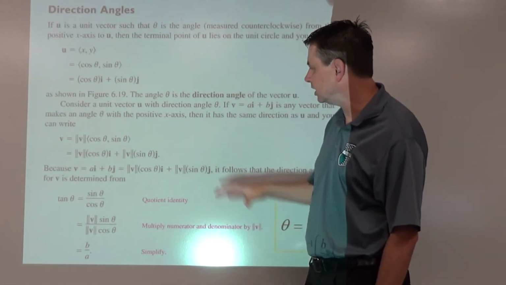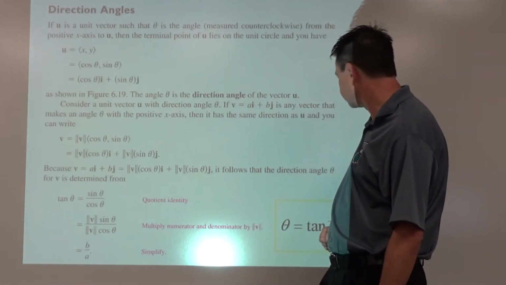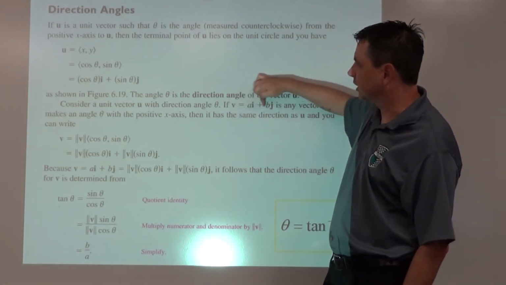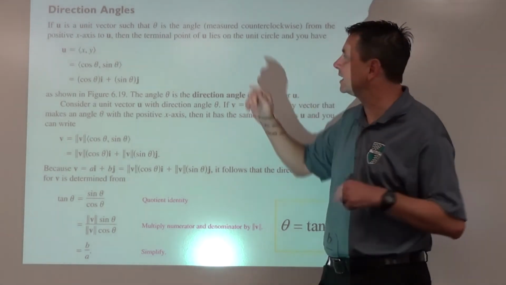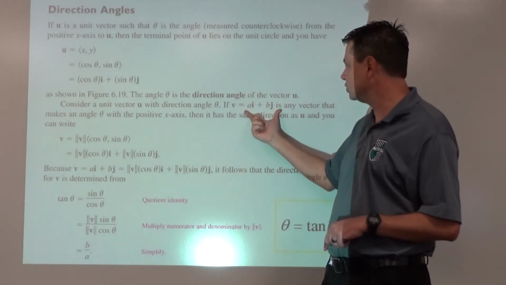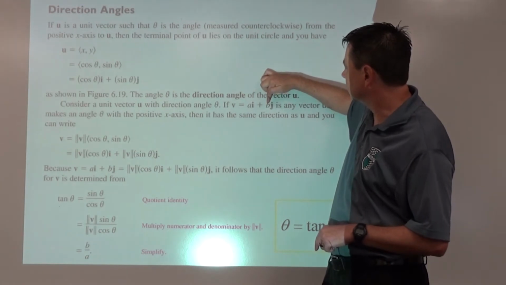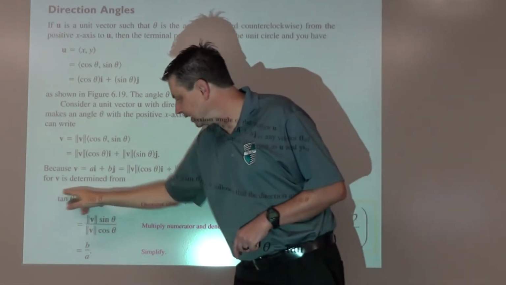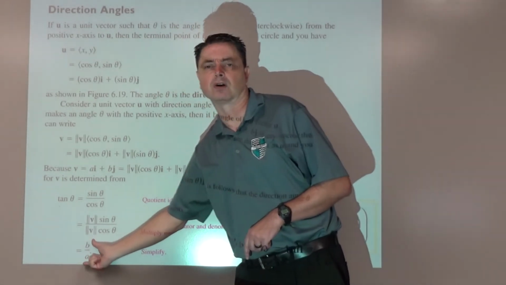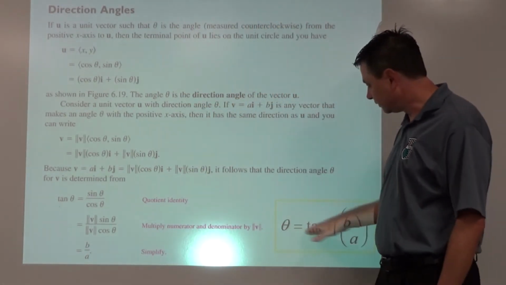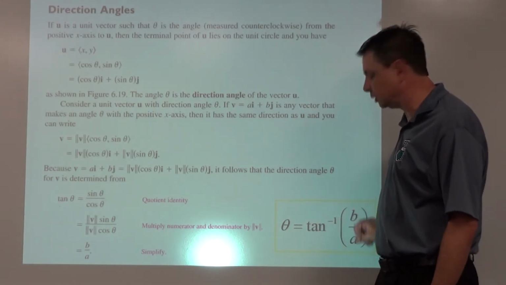So in terms of our vector, in component form, whether it's pointy brackets a, comma b, or ai plus bj, the y divided by the x, tangent theta is going to be b over a. That's how we're going to find it. So to find theta, we'll do inverse tangent of b over a.